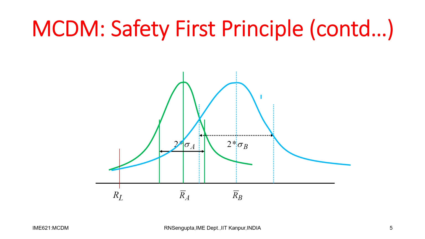So, we have B, the distribution which is marked in blue, the R bar B is given on the x axis, similarly green is for decision A, R bar A is marked, bar values being for the mean for both the cases, and sigma values with suffix B and A are denoted to signify the standard deviation, and plus minus 2 sigma means plus sigma onto the right, plus sigma onto the left.